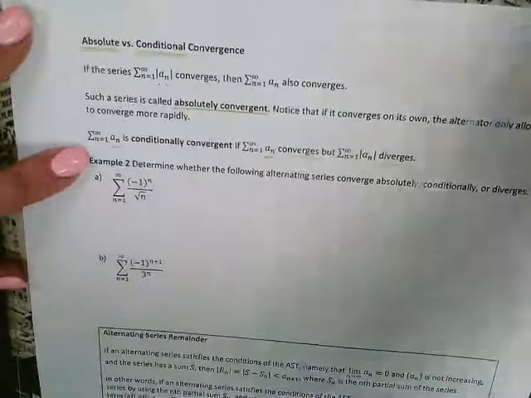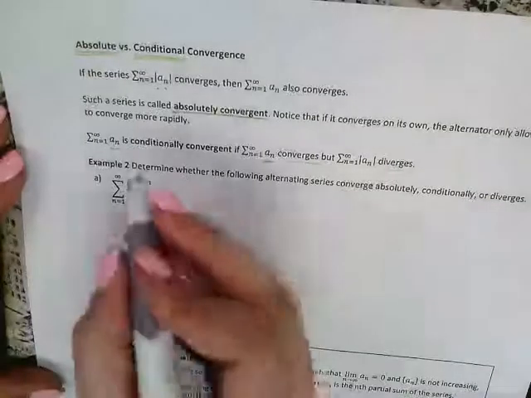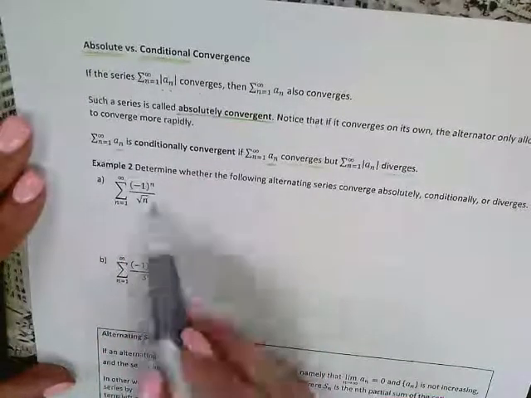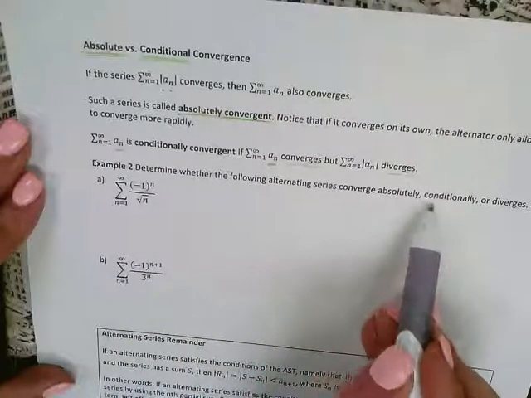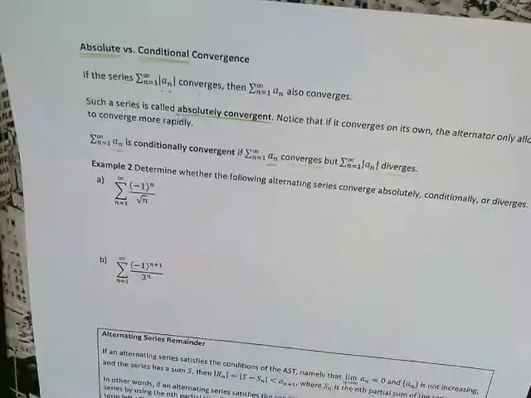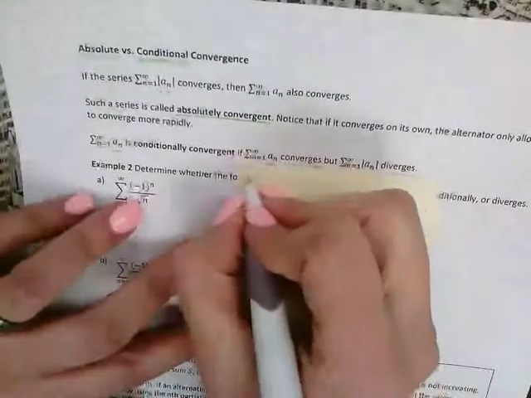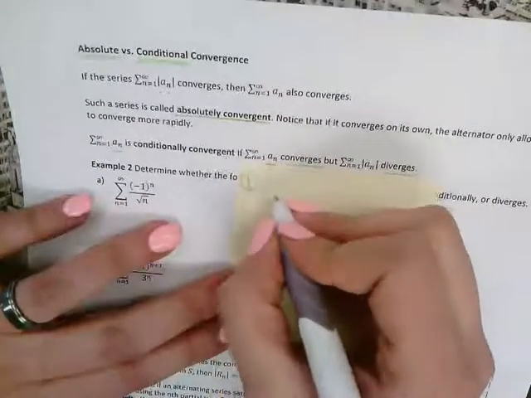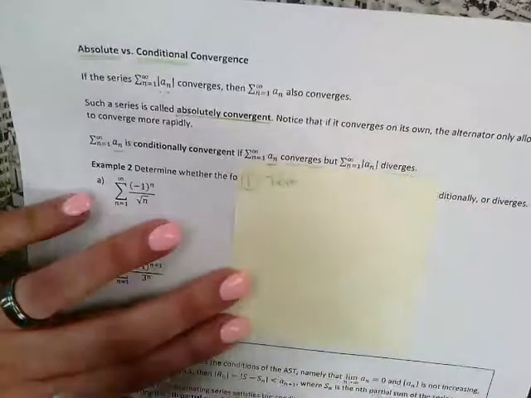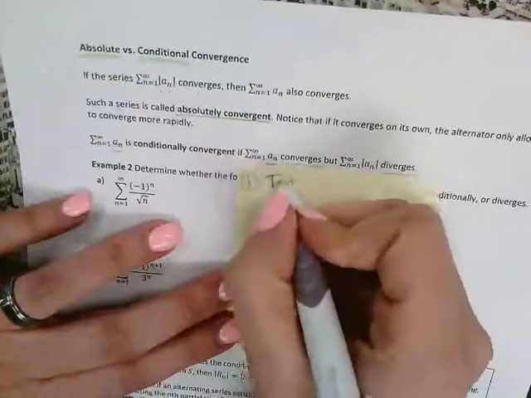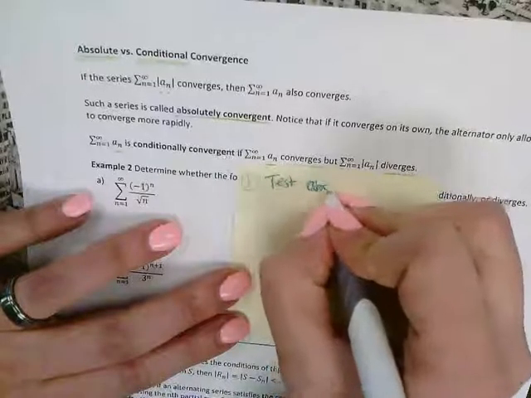Now, what's important about this is to follow a series of steps. Here, the problems say determine whether the following alternating series converge absolutely, converge conditionally, or diverge. So really quick on the side, I'm going to tell you guys the rules. The first thing that you always do is you test absolutely first.